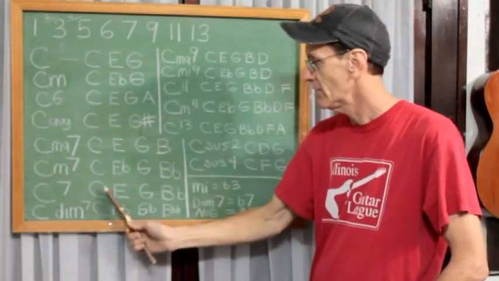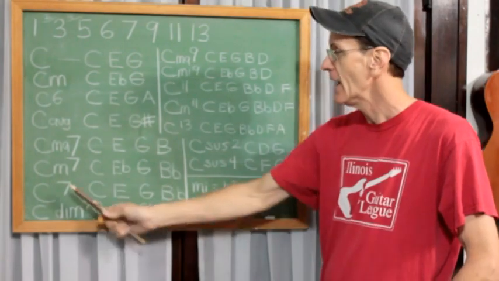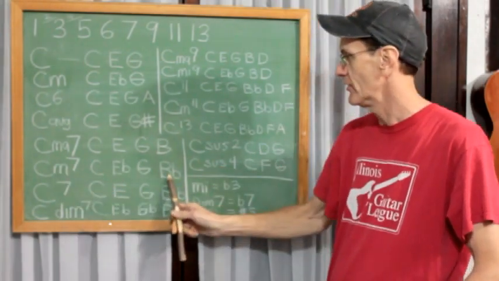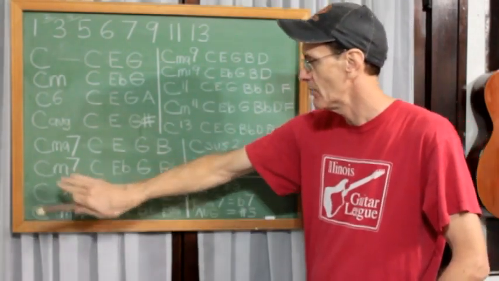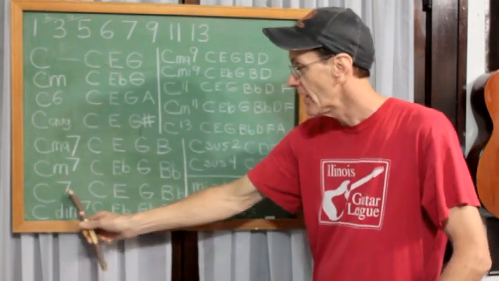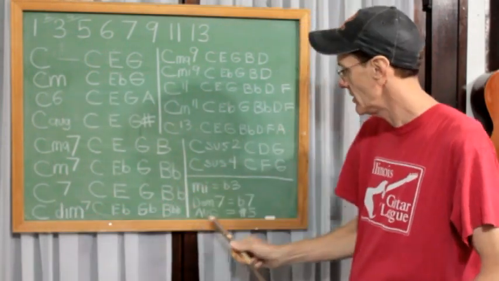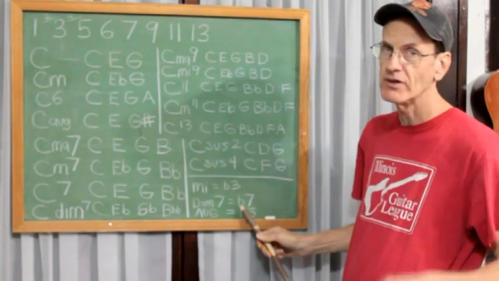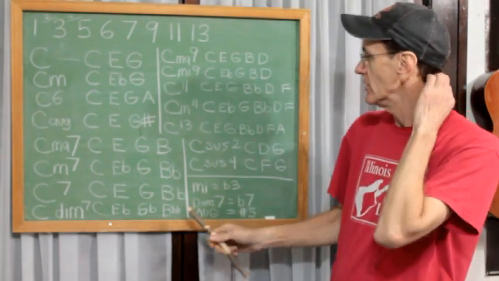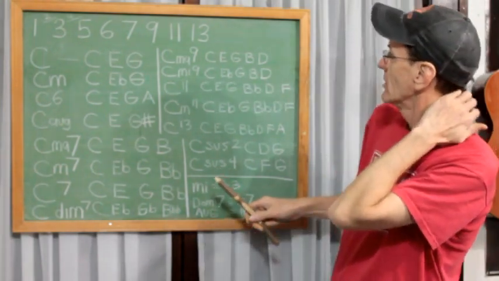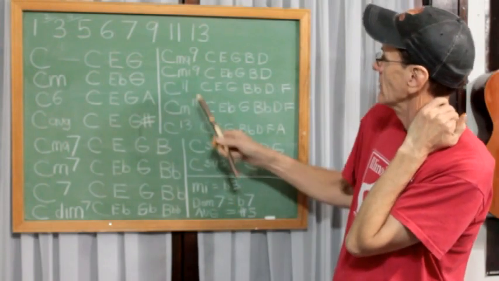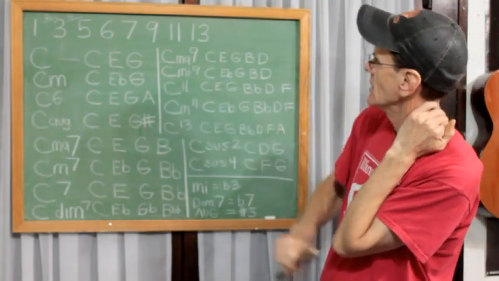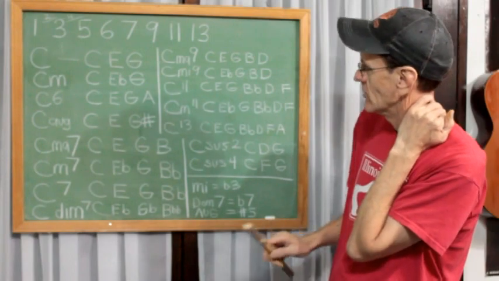C minor 7, flat the 3rd, and also you're going to flat the 7th because it's like a C dominant, like here, a C7, dominant 7. Dominant is always going to mean flat the 7th. Okay? So anytime you see a dominant chord, I don't have any up here in the C9, surprisingly, but I do in another chart.